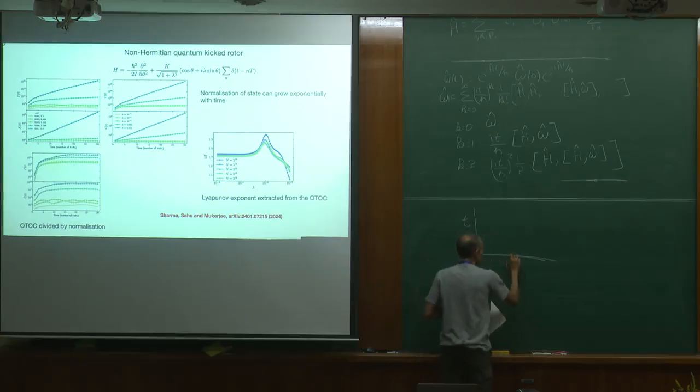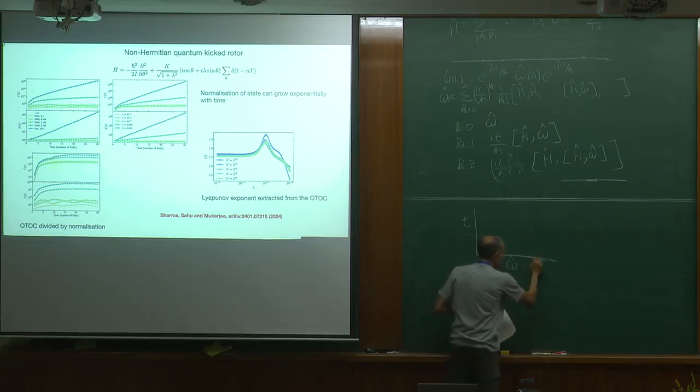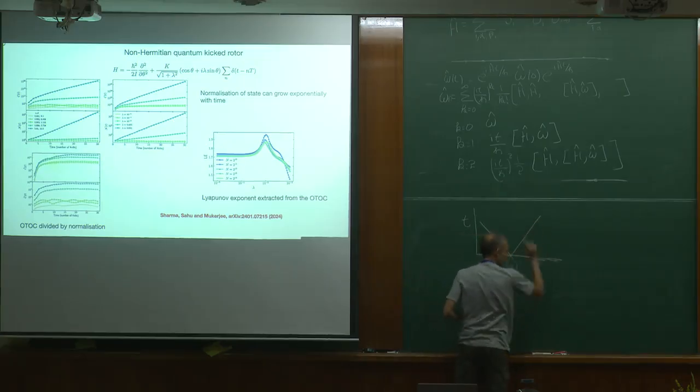At time t equal to 0, let's say the operator is just confined to one particular site, or rather, you can think of the x-axis here as being the lattice itself. So these are the points on the lattice. At time t equal to 0, the operator is confined to this particular lattice point, and then as time progresses, it's going to spread out linearly.